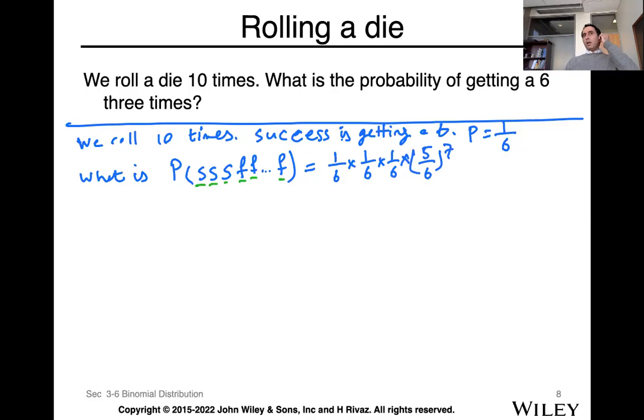The order doesn't matter. So no matter what the order is, I'm always going to arrive at the exact same thing. So for example, P of S, F, S, F, and so on, is equal to exactly the same thing. So these two are equal.